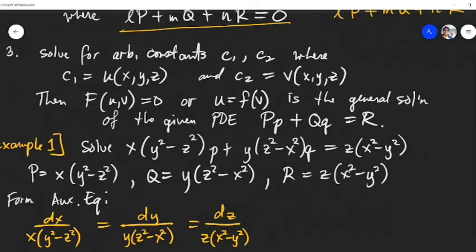Those two functions would be our solutions to the given partial differential equation. So F of u and v is equal to 0, or u is equal to a function of v, would be the general solution of the given partial differential equation in the form of Lagrange.